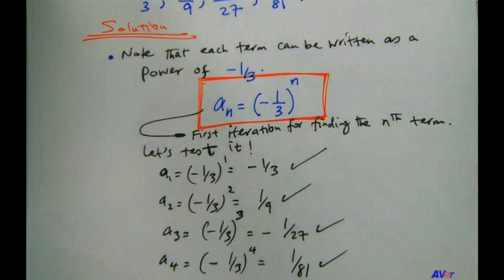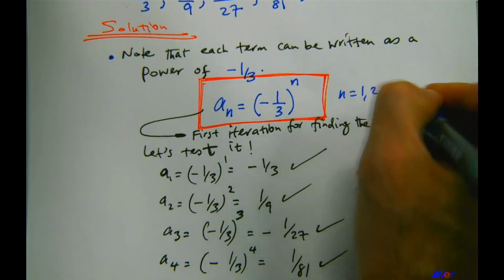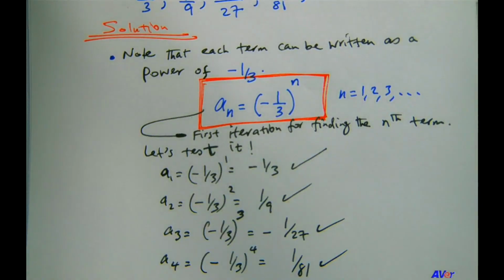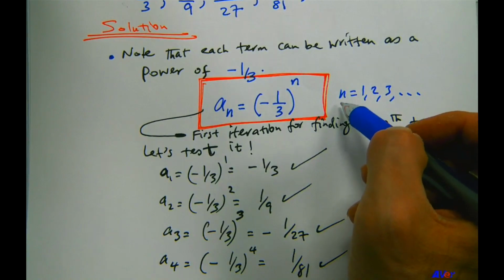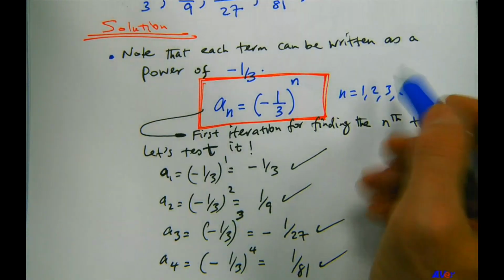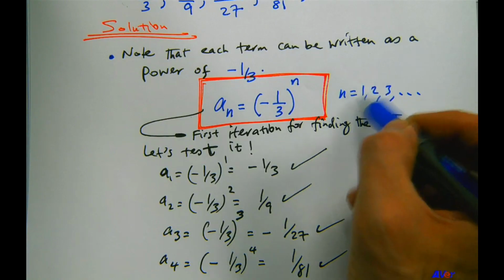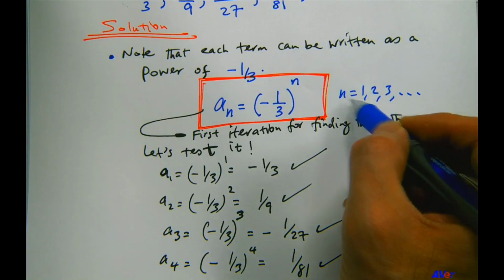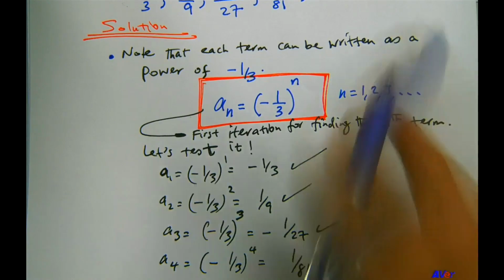And of course, I should clarify that here, n is equal to 1, 2, 3, and so on. Sometimes n can be set to start from 0, and it's fine. Sometimes you can force it to start at 0. But we're making it clear here that n, or the location, starts at 1, not 0.